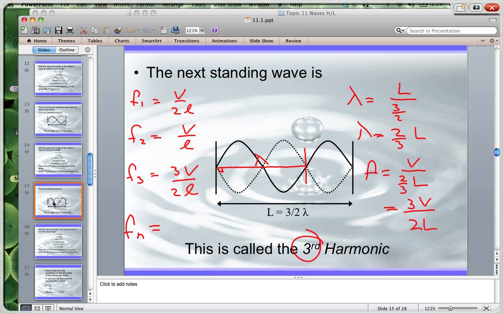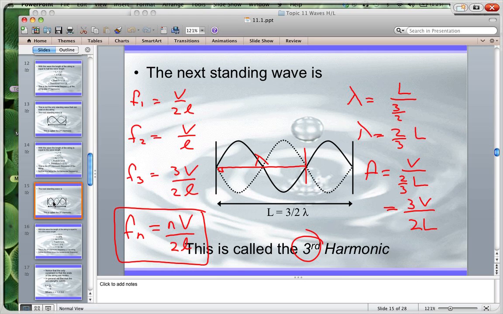NV over 2L is correct. The first harmonic is V over 2L. For the second harmonic, the 2s cancel out, and for the third, it's 3 over 2, V over 2L. So you can form your whole harmonic series from this.